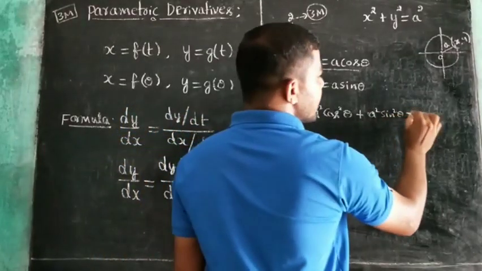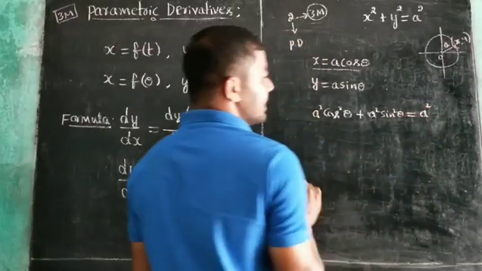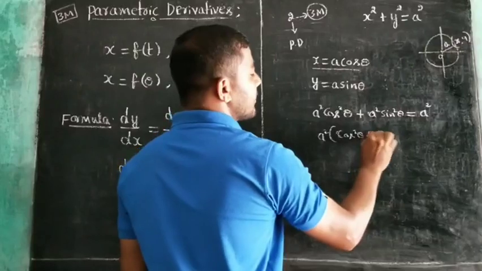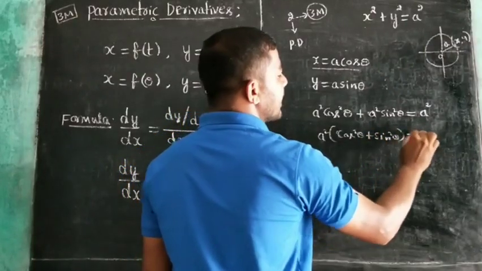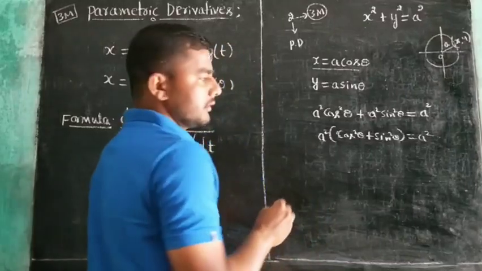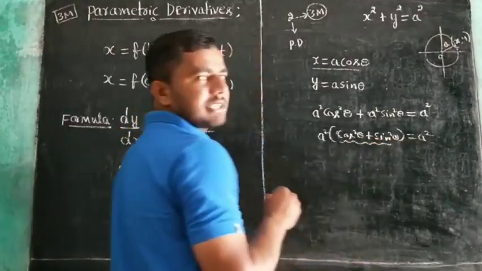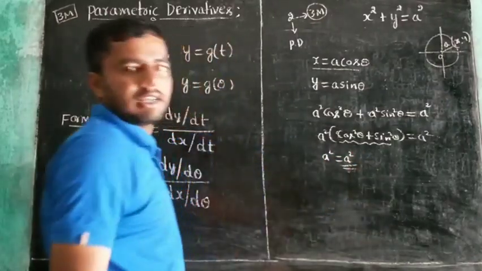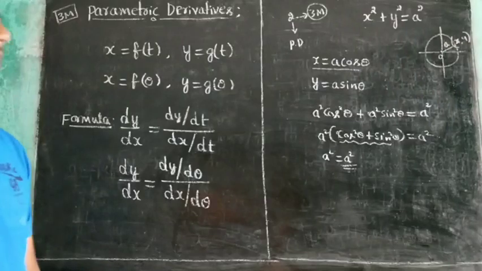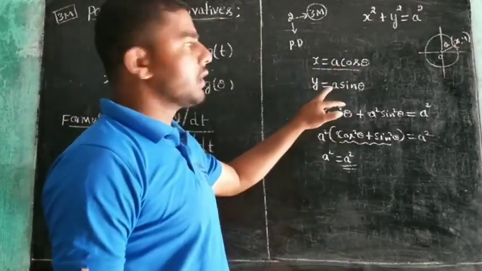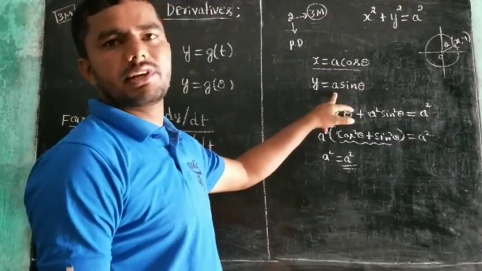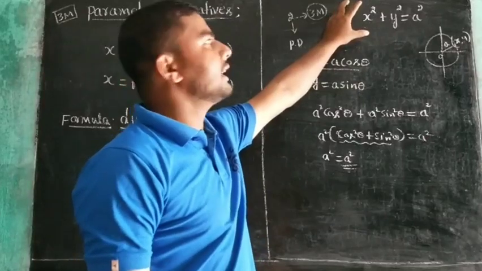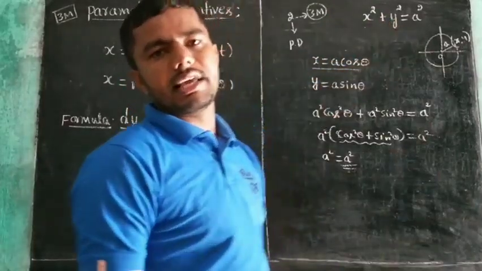Taking a square as common, cos square theta plus sin square theta is 1, so the equation becomes a square is equal to a square, which means it is satisfied. So x is equal to a cos theta, y is equal to a sin theta is the parametric equation of the circle x square plus y square is equal to a square.